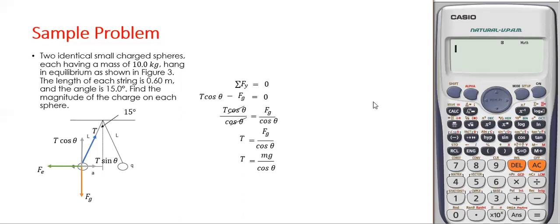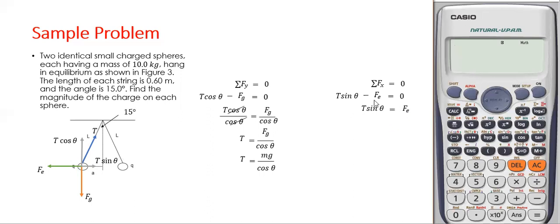Next, we have summation of forces along x equals 0. So, in this case, meron tayong T sine theta. Positive siya kasi papunta siya sa right, minus yung ating electric force kasi papunta siya sa kaliwa, equal to 0. Then, we have T sine theta equal to electric force.